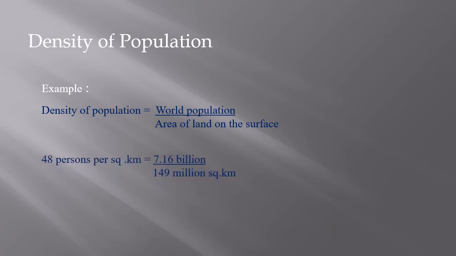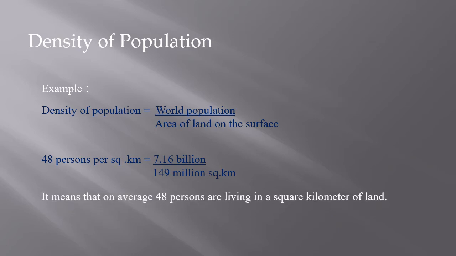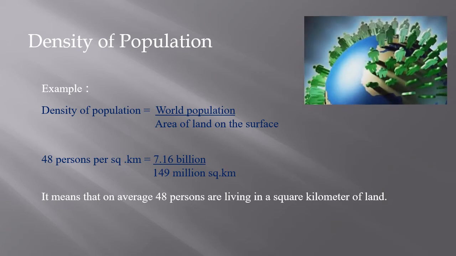So, we will put the values in this equation. 7.16 billion over 149 million square kilometers is equal to 48 persons per square kilometer. It means that on average 48 persons are living in a square kilometer of land.